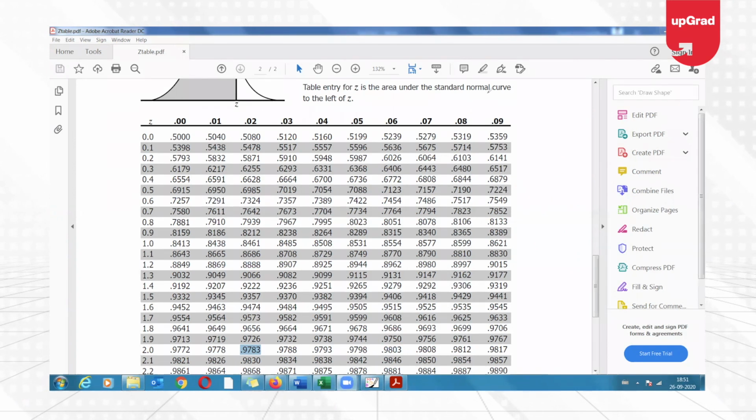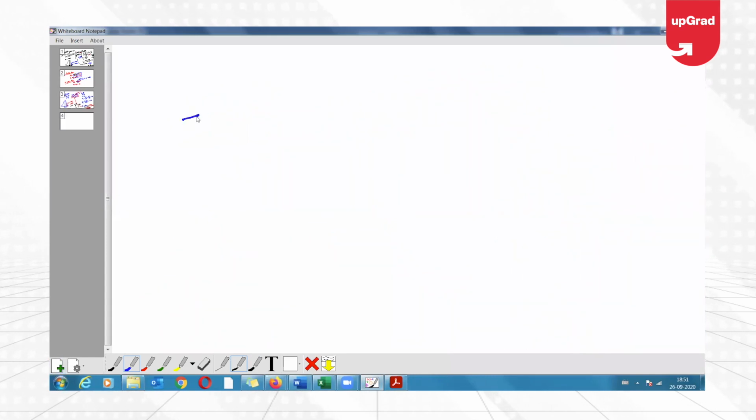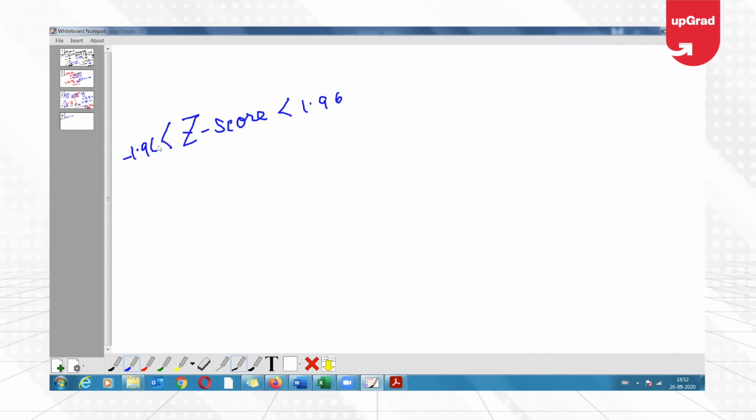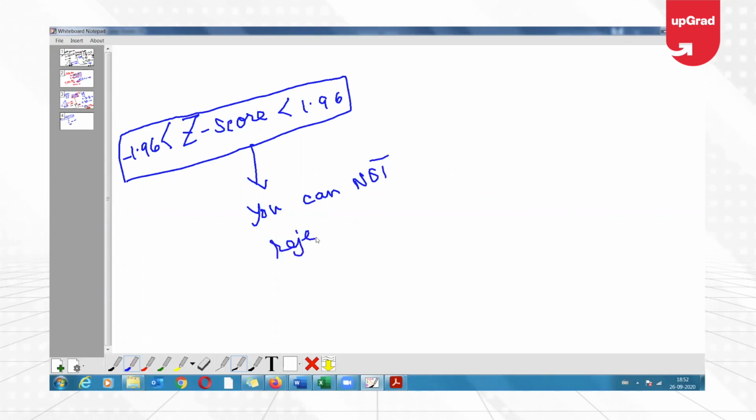So for a two-tailed test, the shortcut is: if the z-score is between this range, then you cannot reject H0, the null hypothesis.